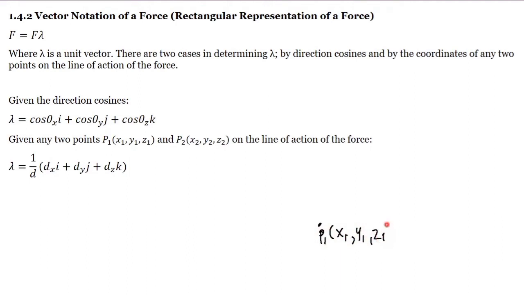And this is another point, point 2, with the coordinates x sub 2, y sub 2, z sub 2. And point 1 and point 2 here, of course, are along the line of action of the force.